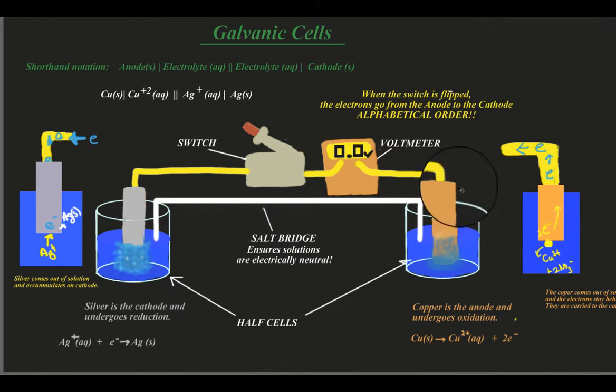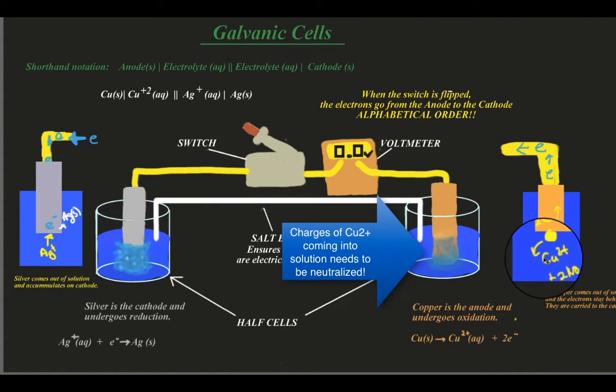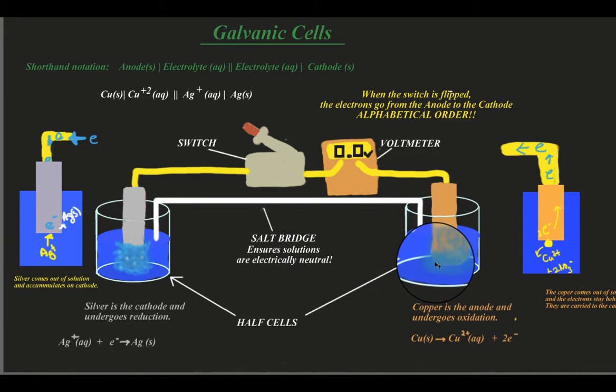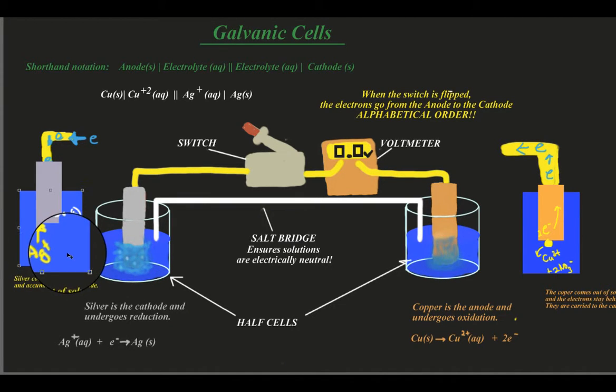So when this occurs, we have charge buildup occurring, whether it's the 2+ charge for every copper atom that we oxidize, or whether it's the nitrate left behind here. Remember the silver had a nitrate attached to it right there?